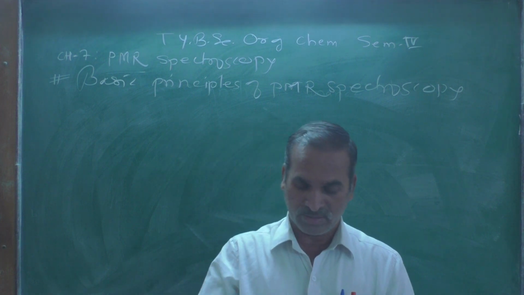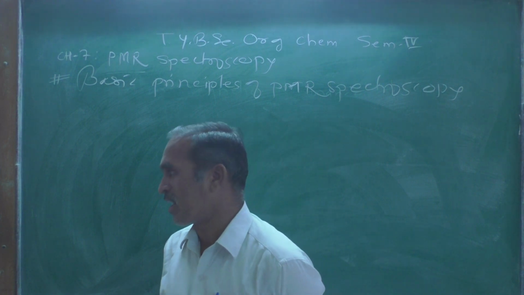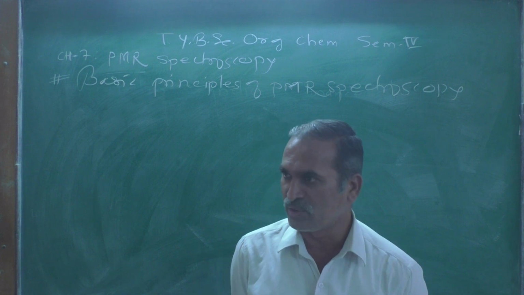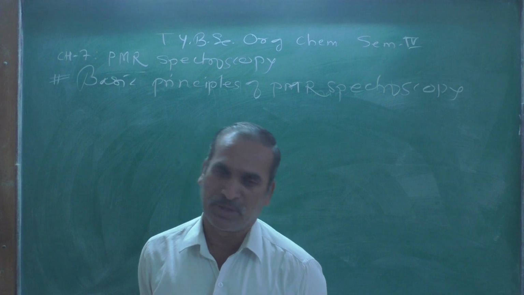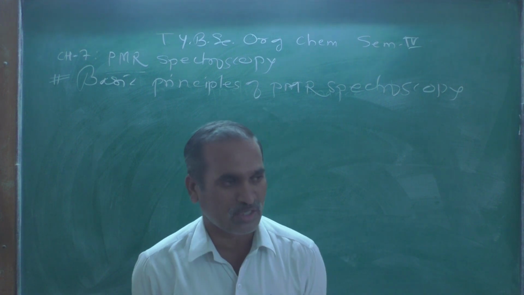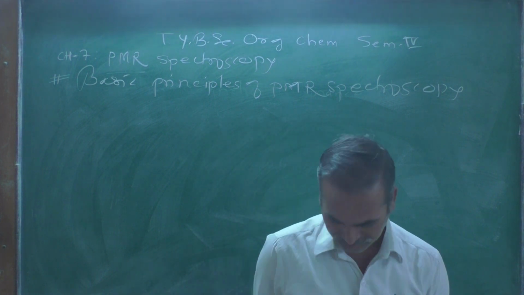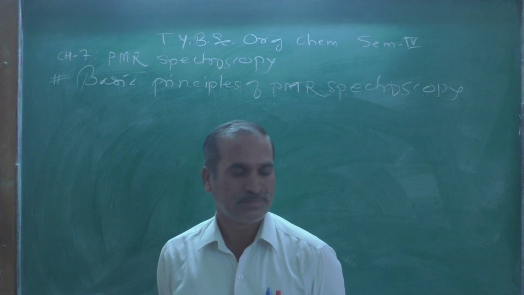And from here, why are some molecules IR active and some molecules IR inactive? There are two conditions. If you remember those two conditions, the chemist can easily understand which type of molecule is IR active.